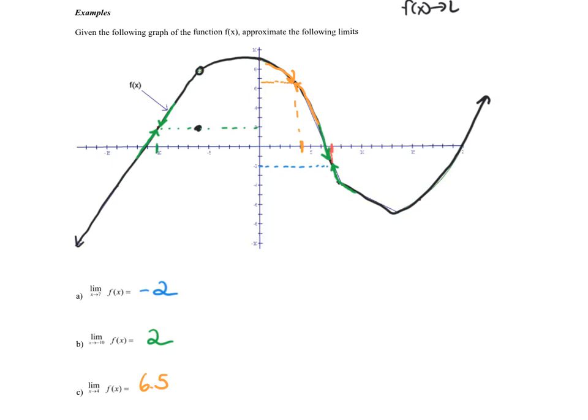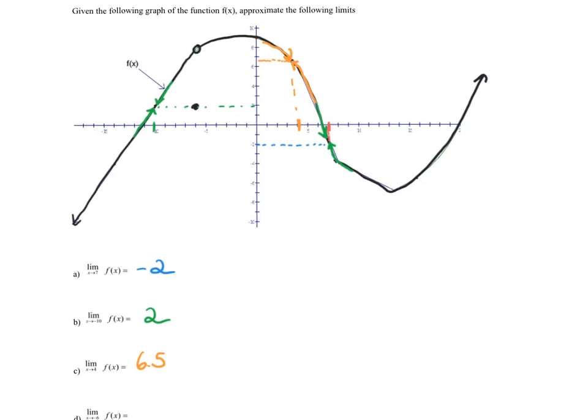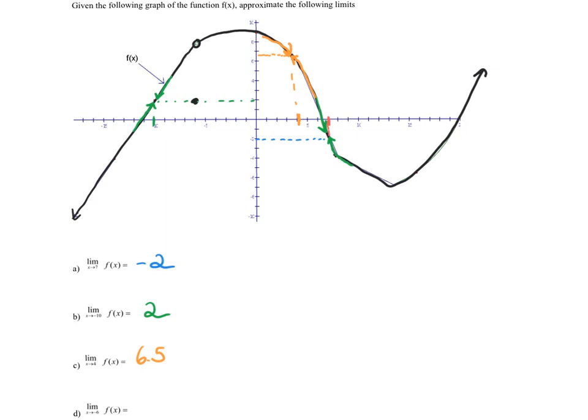Now the most interesting one is the last one, which is what happens as it approaches -6. Now -6 is right here, and this is the interesting part of the graph because we have this open circle here, and it drops down here. So if I said what's f of -6, it is 2 because the solid dot is there. But the limit is not 2 because the limit is what happens as you get close to that point on both sides, not what happens as you get to that side.